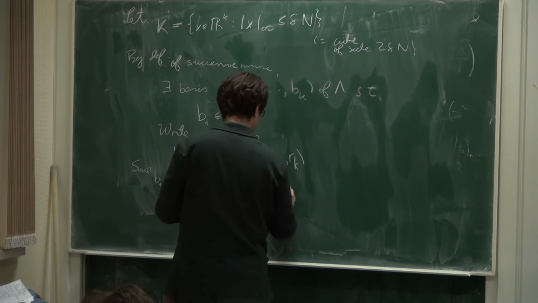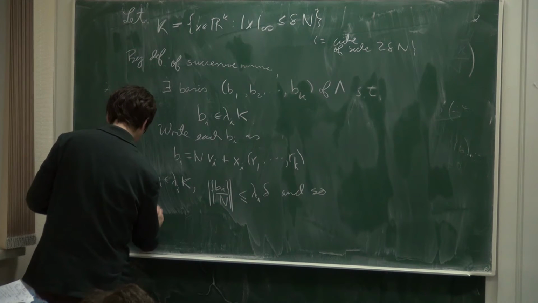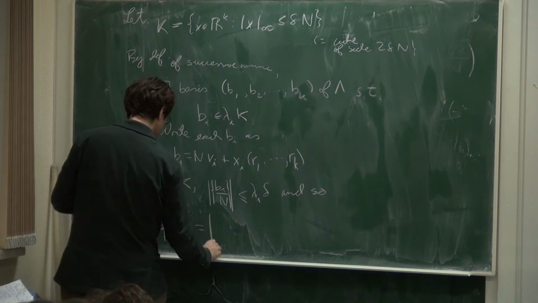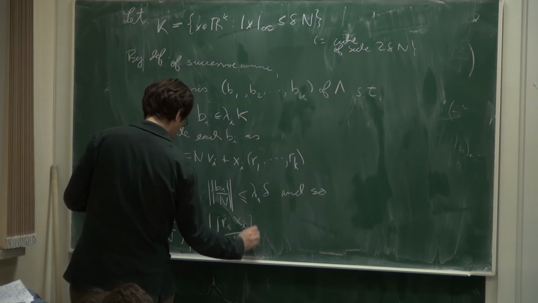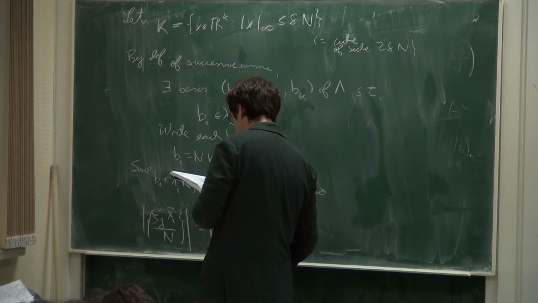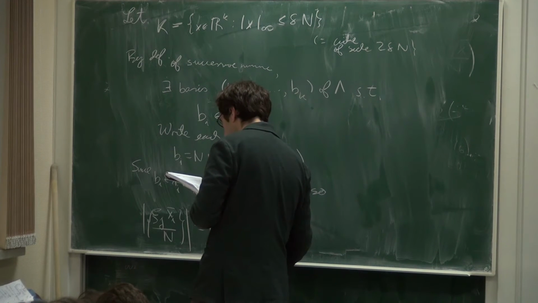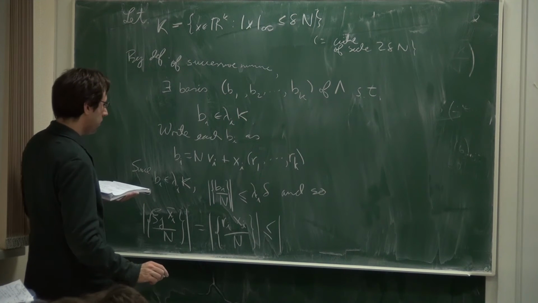And so we have that the absolute value of the fractional part is of course just the x_i, because we can reduce modulo n, or unreduce really. This is at most what? There's something I don't like here.